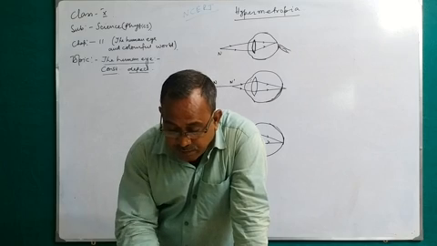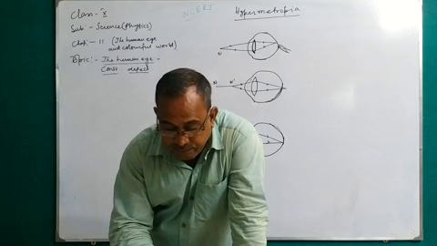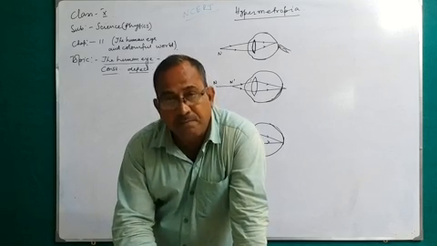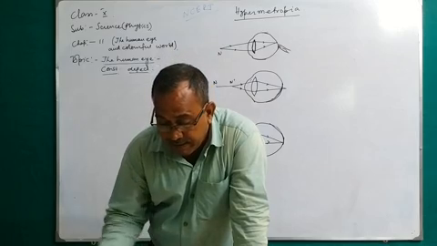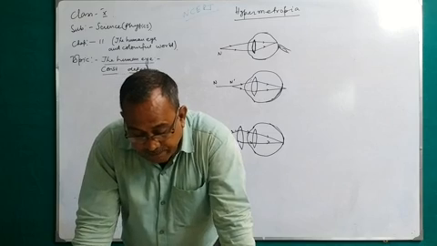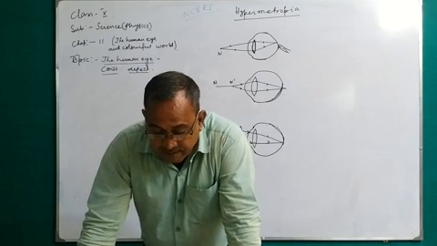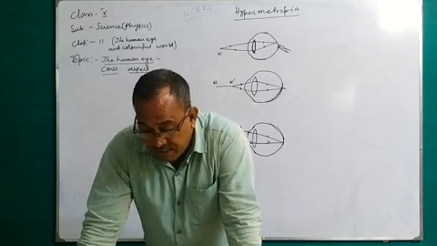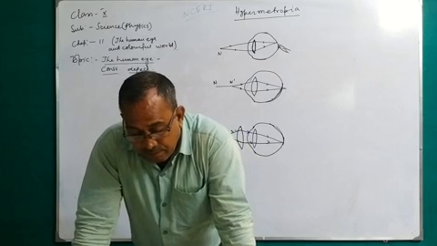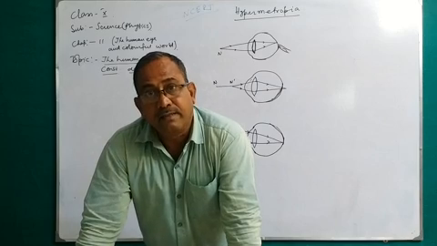The near point for that person is further away from the normal near point of 25 centimeter. Such a person has to keep reading material much beyond 25 centimeter from the eye for comfortable reading.